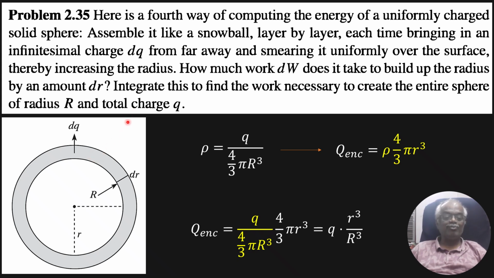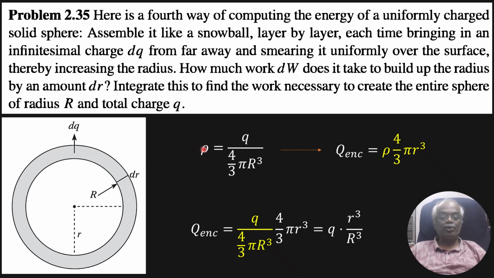We are bringing it from infinite distance to the surface of the sphere, so that the radius of the sphere will increase. When you are bringing the charge of the spherical shell from infinity to this surface, you surely have to do work. What is the amount of work done to bring this small shell from infinite distance to this surface?